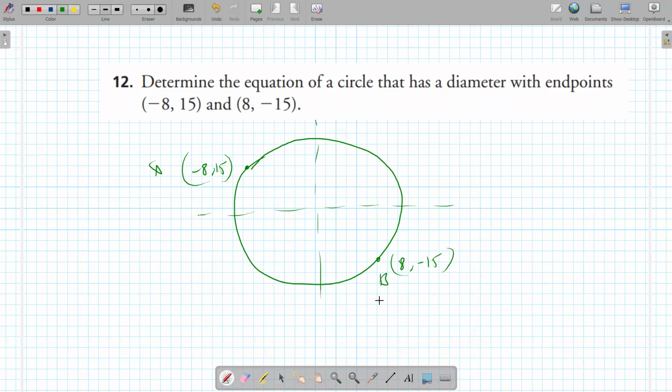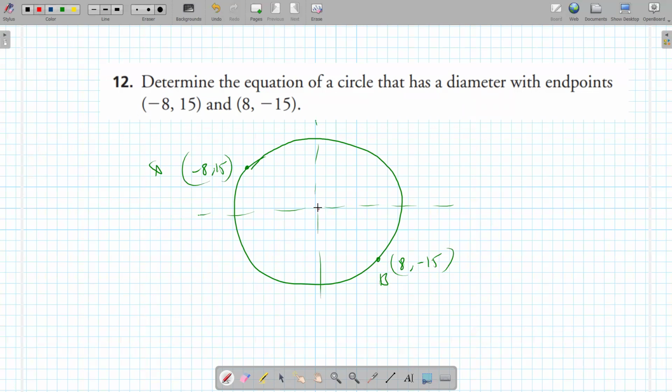All right. We're going to assume it's going through the origin. So how do we find the radius? You need to find the distance.